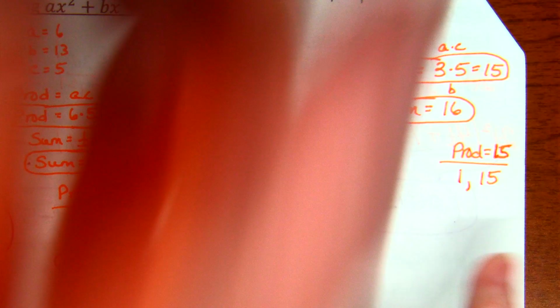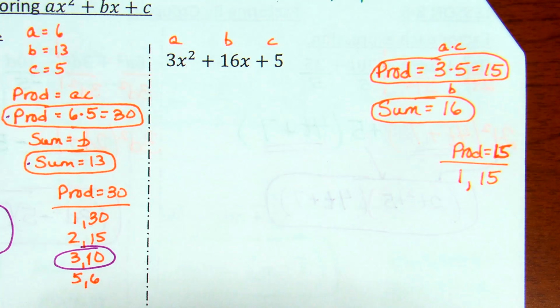Does 3 work? Yes, it's fine. 3 and 5. Does 4 work? No. Does 5 work? Yeah, it's great. But I already have that. We've already used 5, haven't we? Okay, so it has to be one of these pairs. Which pair multiplies to 15 and adds to be 16?